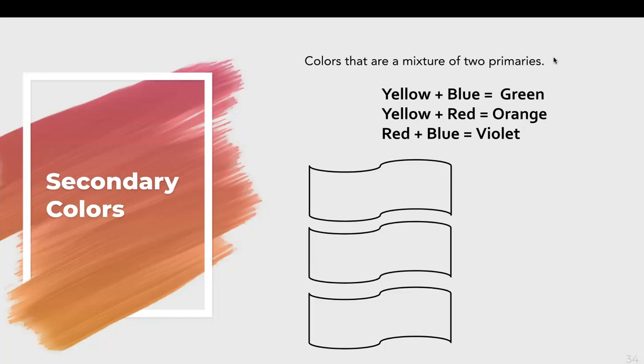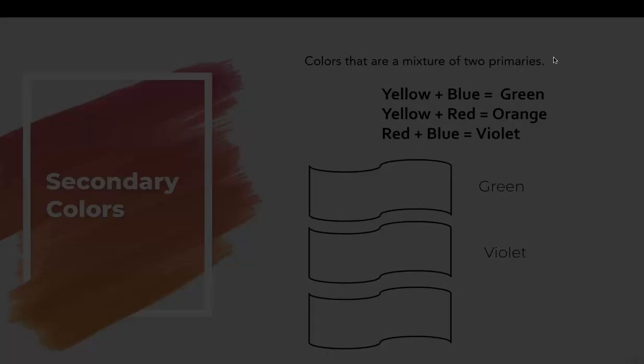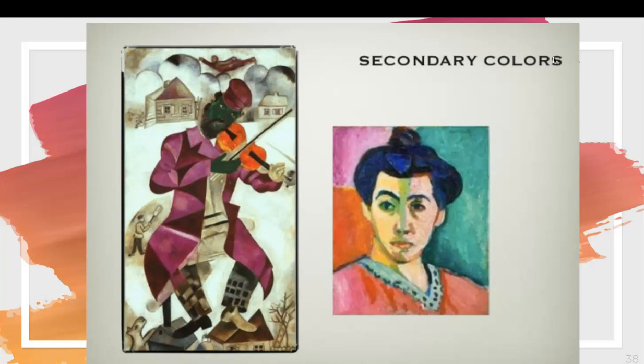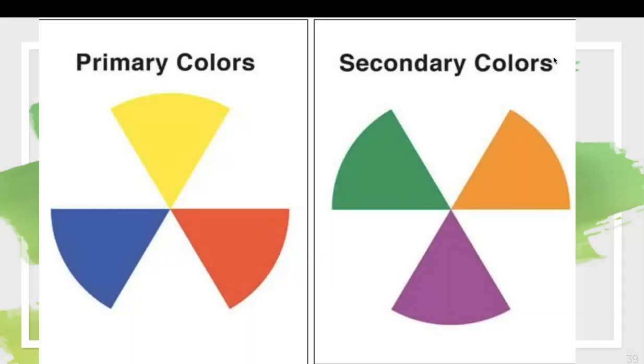When you mix red and blue, you create violet or purple. And these are a couple examples of paintings where the artist has used primarily secondary colors. So you can see how these two sets of colors actually fit together in the color wheel.